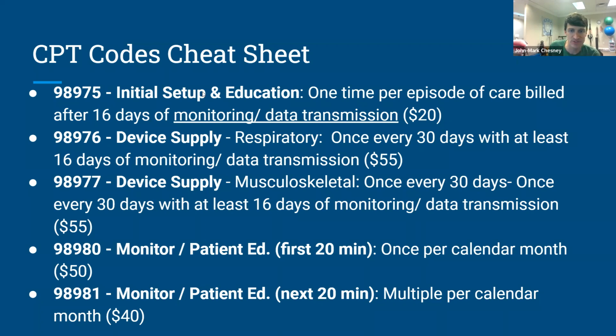So 98975, the initial setup: one time per episode after 16 days of monitoring or data transmission. 98976 and 98977 are for the 30-day rental supply after the 16 days of monitoring over a 30-day period. 98980 is the first time-based code, and this should also have an interactive communication piece during those 20 minutes. And then 98981 is the second set of 20 minutes, which can be billed multiple times per calendar month, which also has interactive communication.